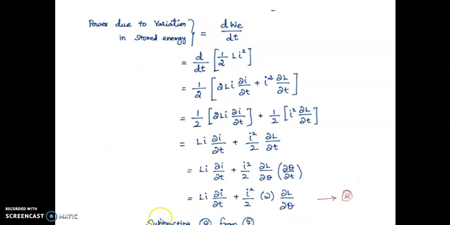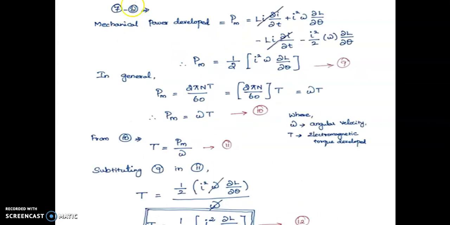Now in order to calculate the mechanical power, we have to subtract the power due to variation in the stored energy from the power input. So subtracting 8 from equation number 7, we will be getting the mechanical power developed as Pm.